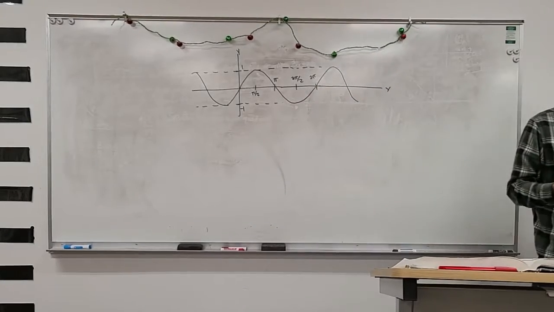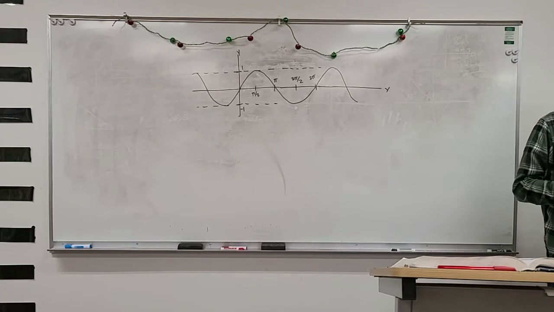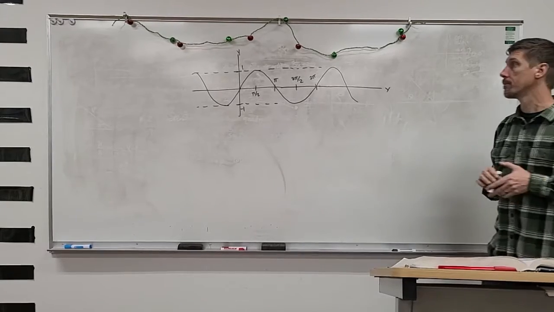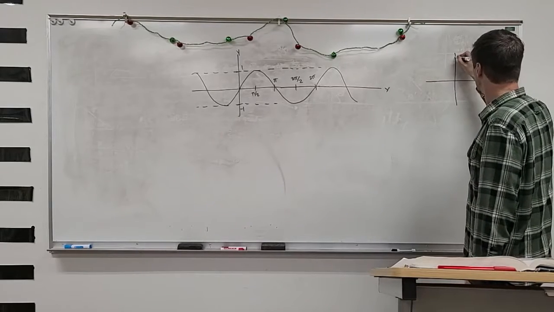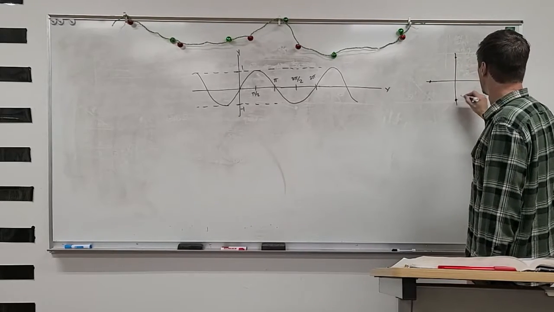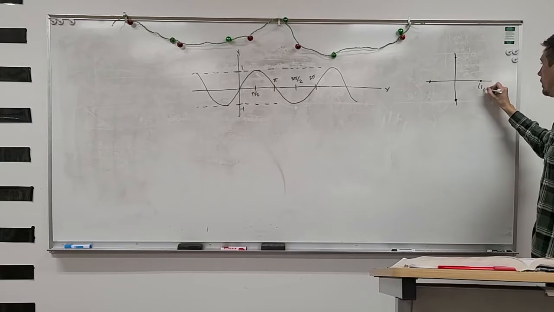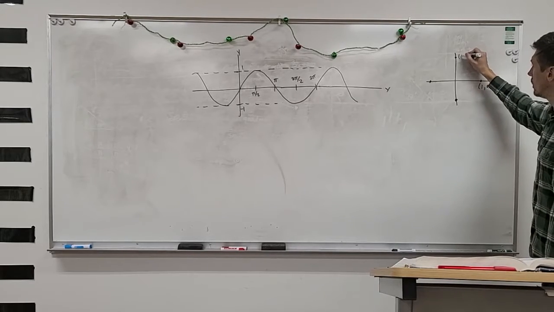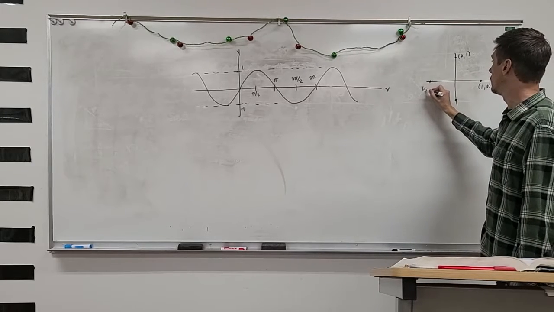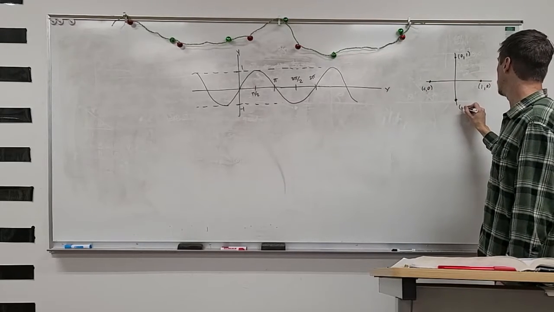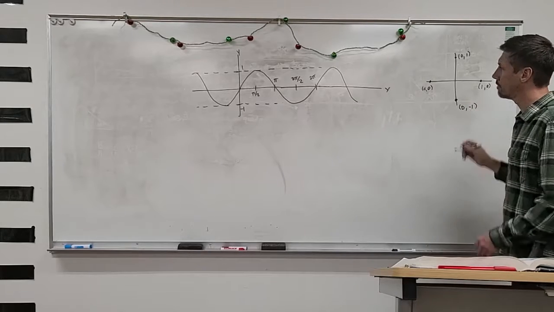Now if we think about the unit circle, right, what are the points on the unit circle? 0 or 2 pi, then pi halves, then pi, and then 3 pi over 2. So this point here is (1, 0), right? (0, 1), (-1, 0), and (0, -1), right?